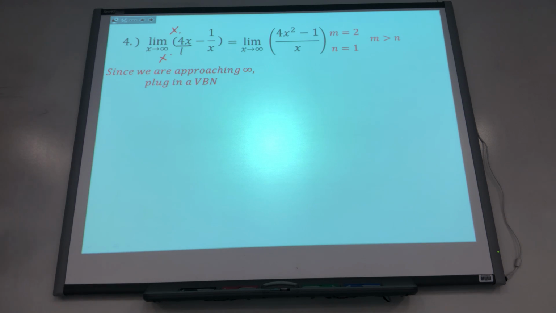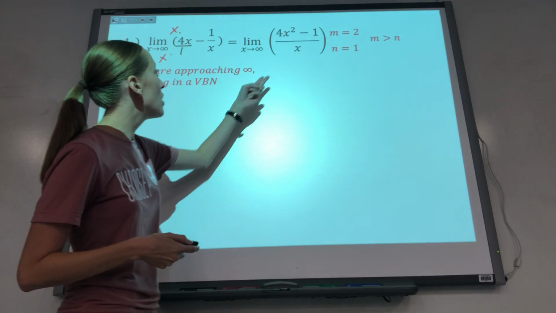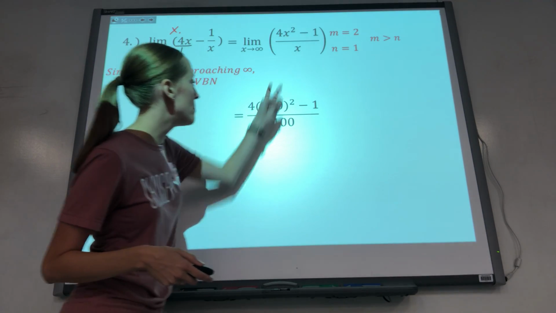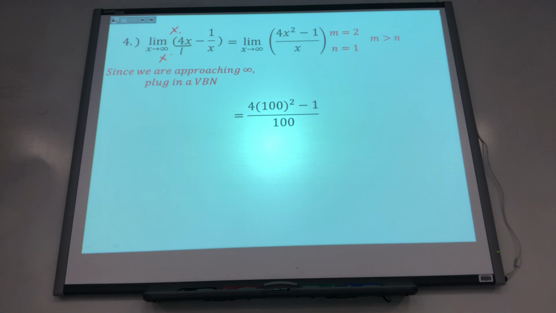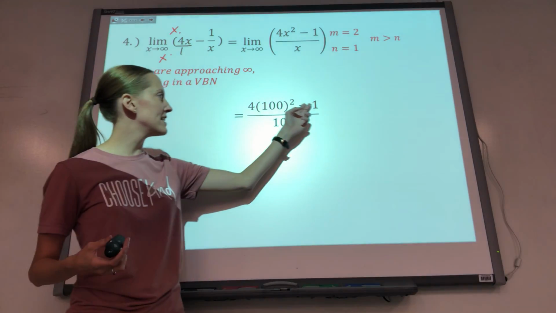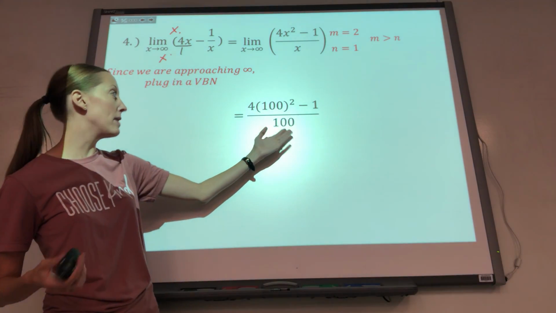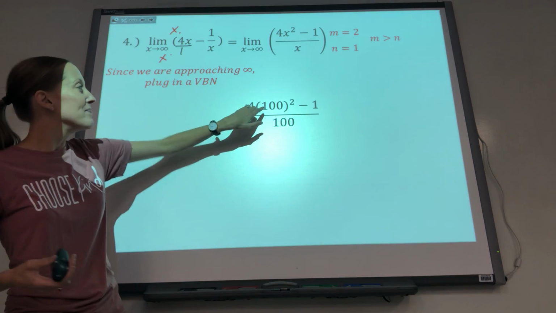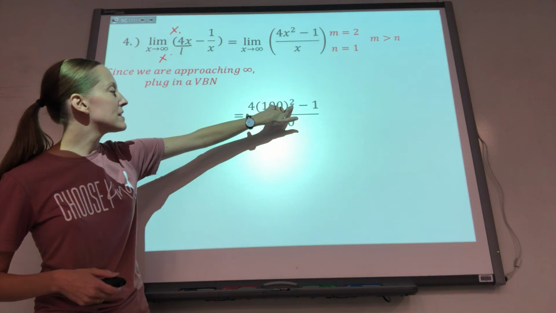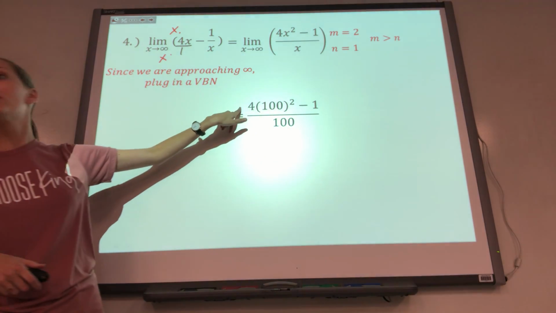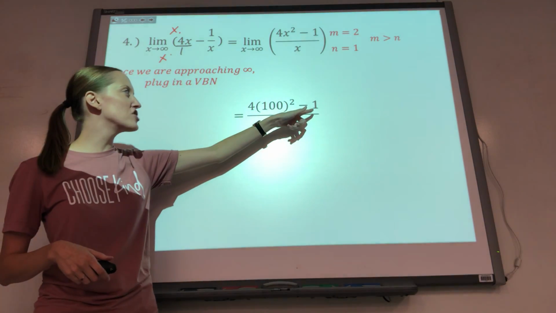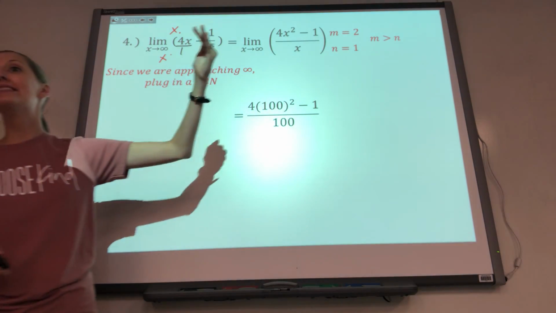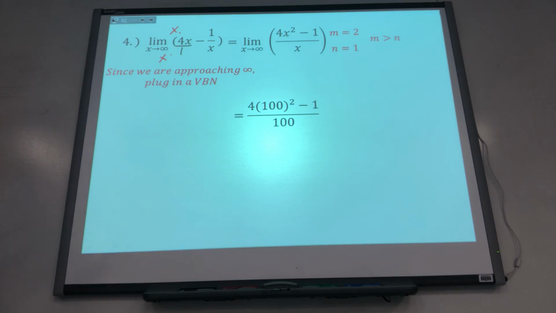All right, I usually go back to 100. It's not crazy big, but it's big. So wherever I see x up there, replace it with 100. Now again, it doesn't even really matter what that ends up being, that's just 100. But if you can tell, when you square 100, multiply it by 4, and then just subtract 1, it's still going to be a very big number.